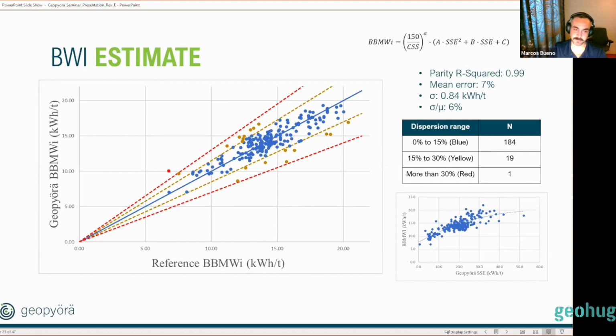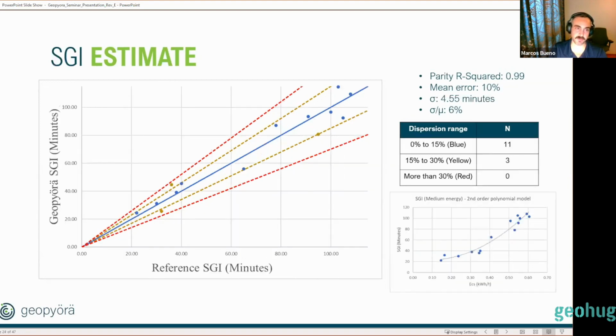And then there is a parameter called SGI or SPI, which is some sort of grindability test for SAG mills. We still don't have much validation here. This work was done for Hudbay, who could be using this parameter. It's mostly used in America.